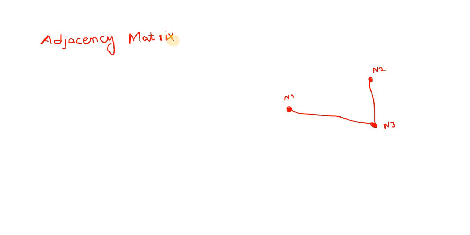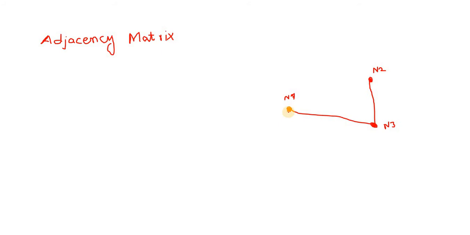This word came from adjacent. Adjacent means neighbors or the connected nodes. So if you want to define the connections of N1, N2 and N3, how many connections can it possibly have?